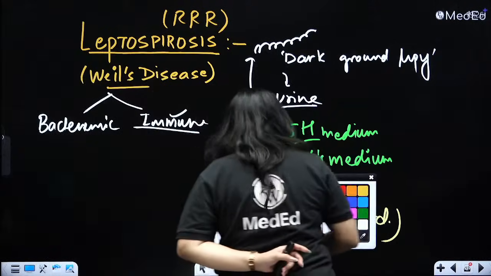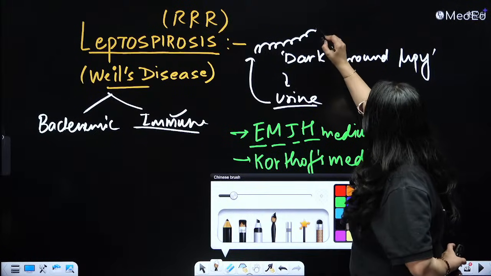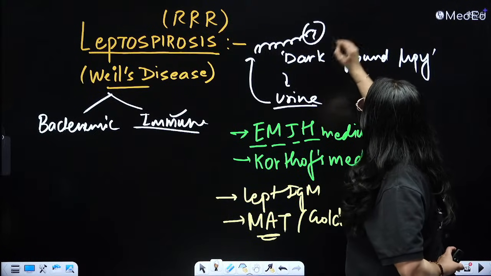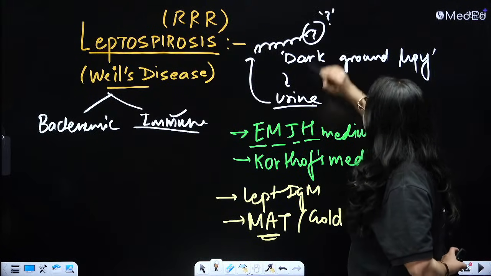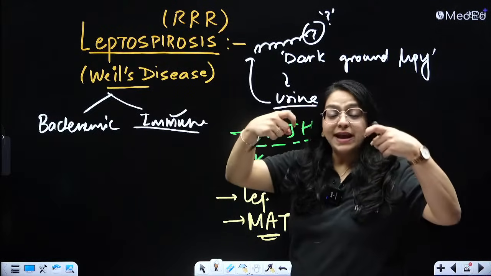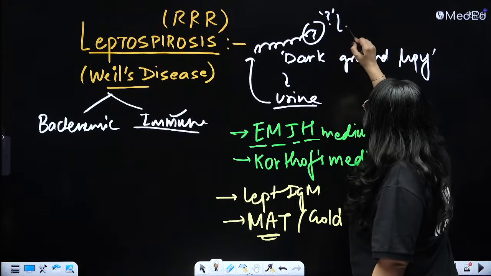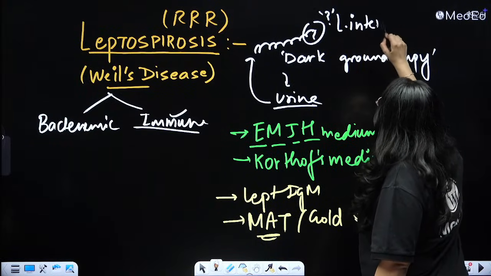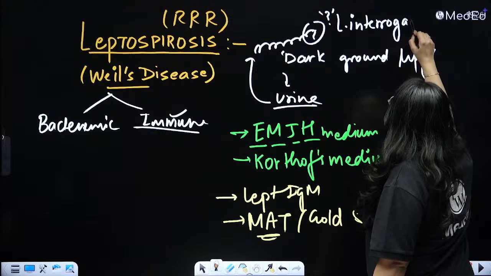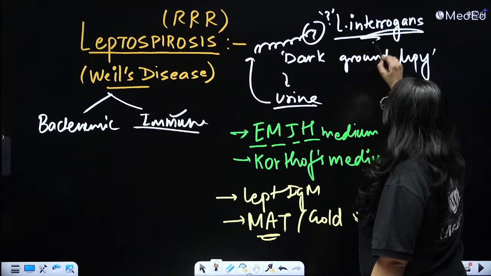What is the species? The very important species, because the ends of Leptospira look hooked, like that of a question mark. They have the umbrella-like hooked ends or the question mark-like hooked ends. That is why it is Leptospira interrogans. Leptospira interrogans is the most common cause of disease.